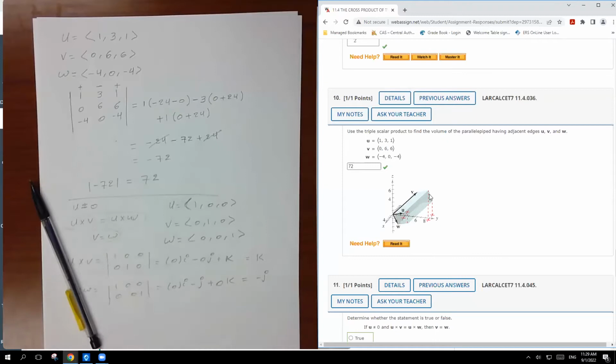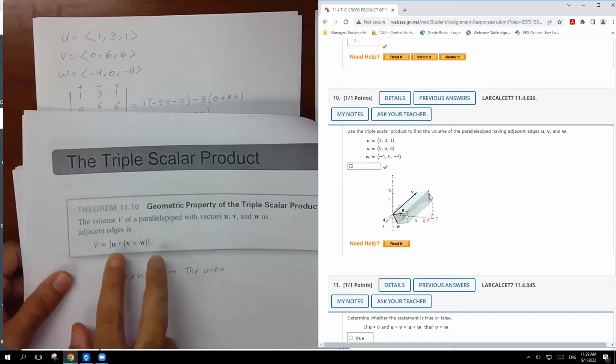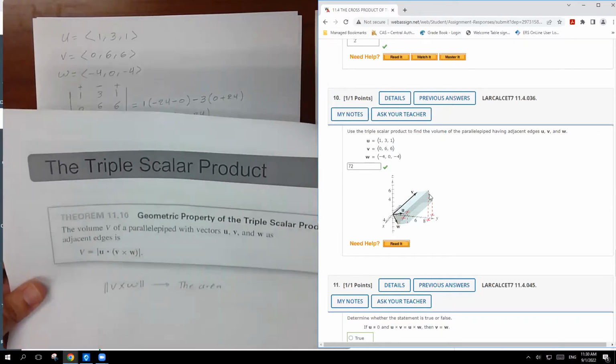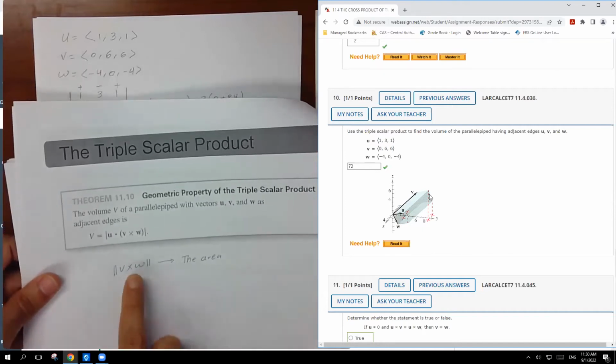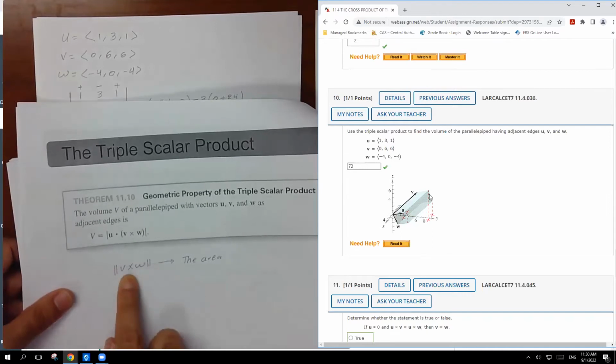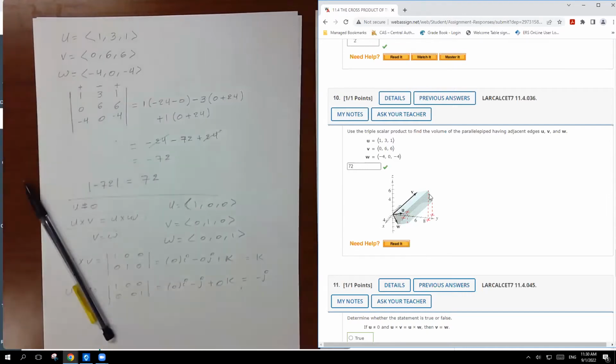Because the rule says, go back to the notes, take the absolute value. The volume is the absolute value, not the length, for the triple scalar product. And the area is the length of the cross product. Okay, got it.